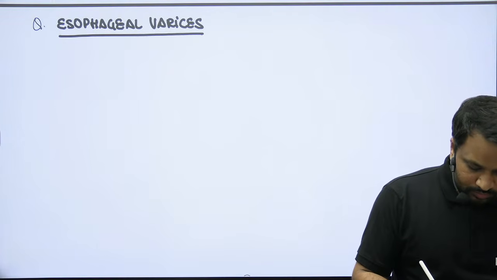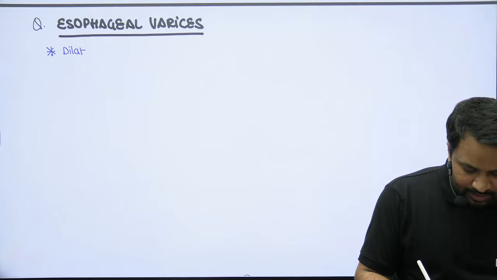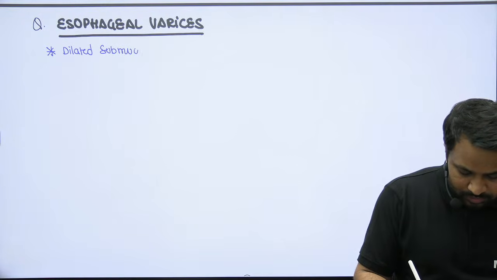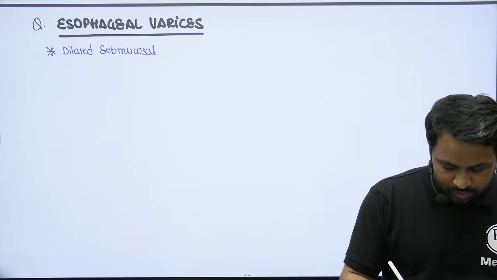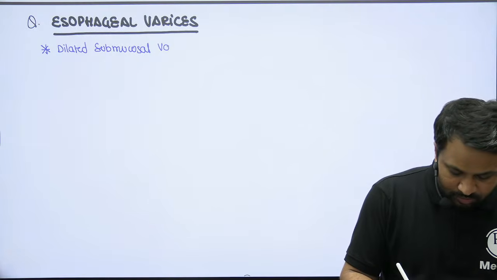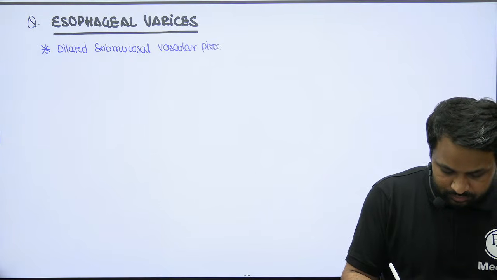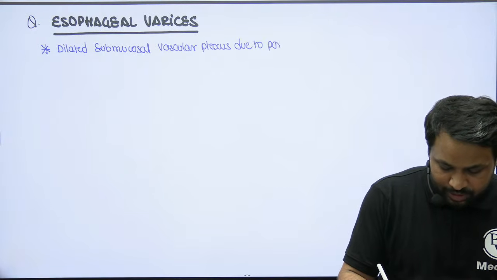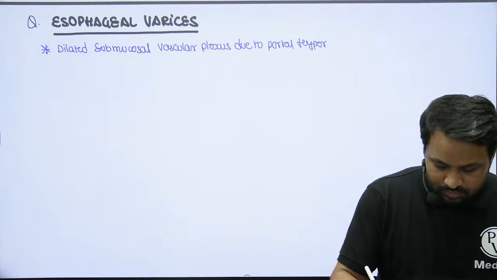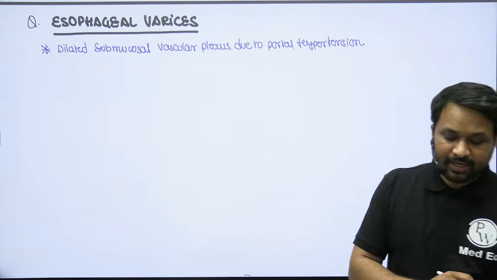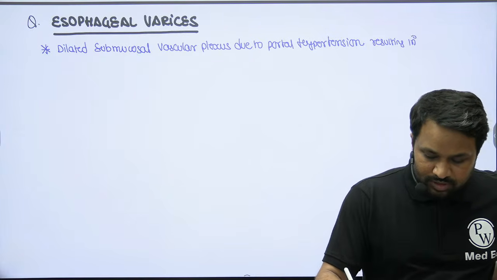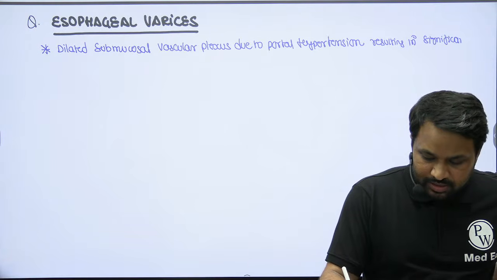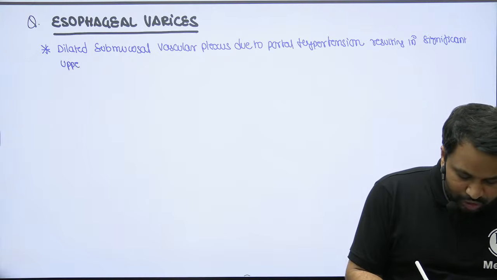So when you talk about what esophageal varices are, these are dilated submucosal vascular plexus due to portal hypertension, resulting in significant upper GI bleed.